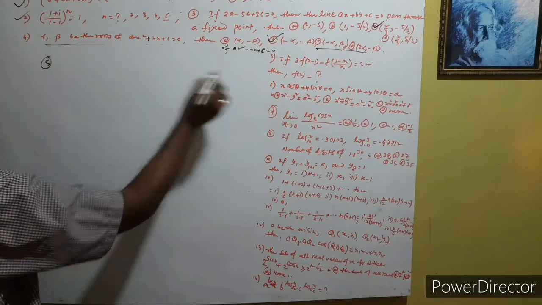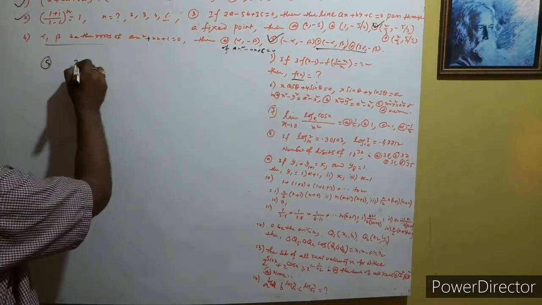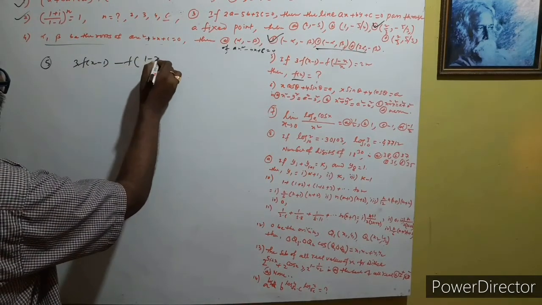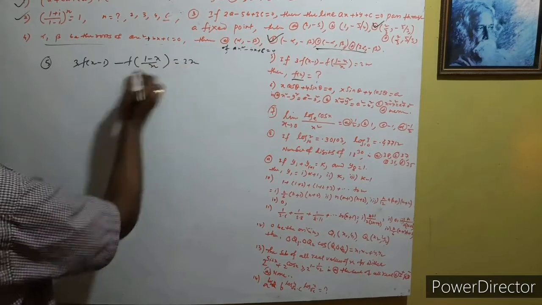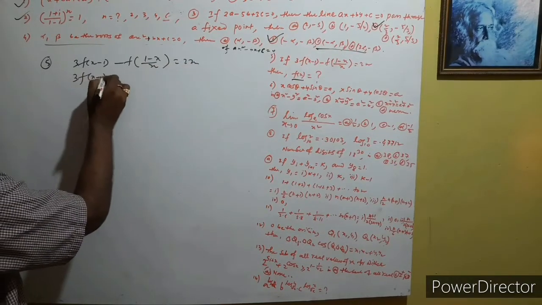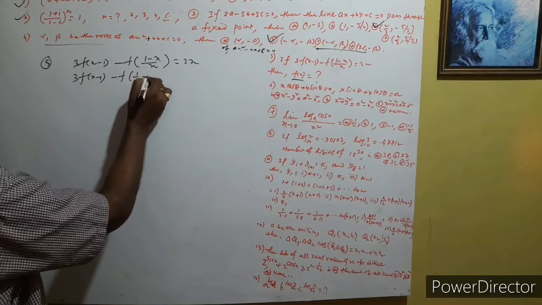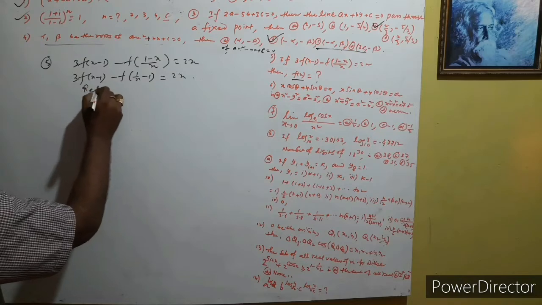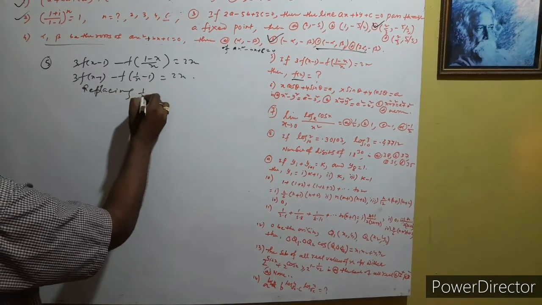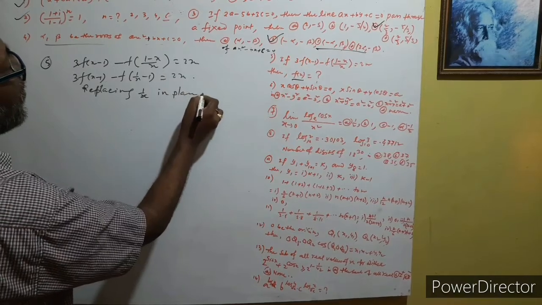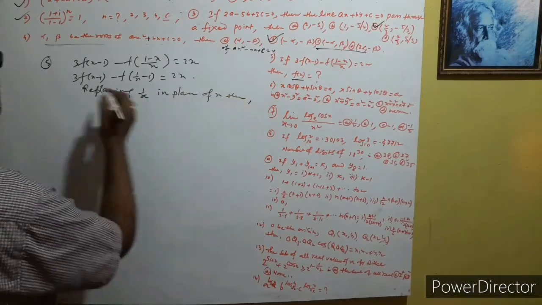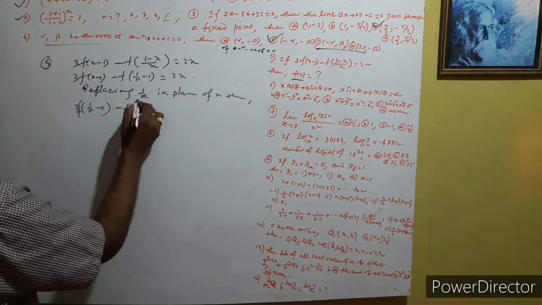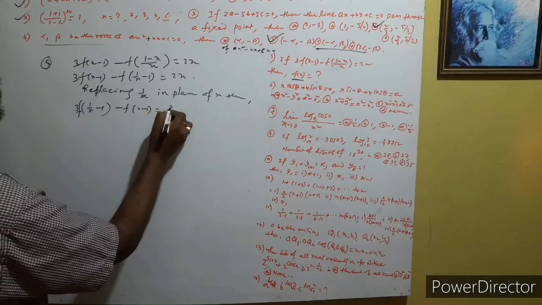What is f(x)? Given 3f(x − 1) − f((1 − x)/x) = 2x, so 3f(x − 1) − f(1/x − 1) = 2x. Replacing x with 1/x, then 3f(1/x − 1) − f(x − 1) = 2/x.